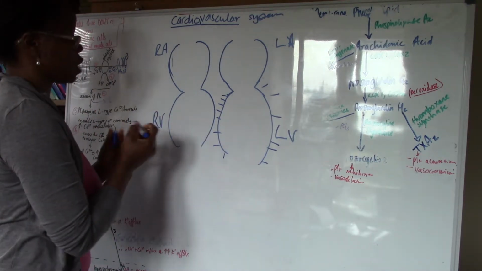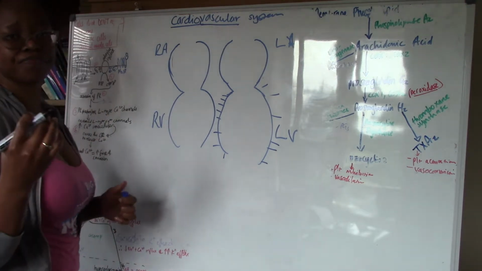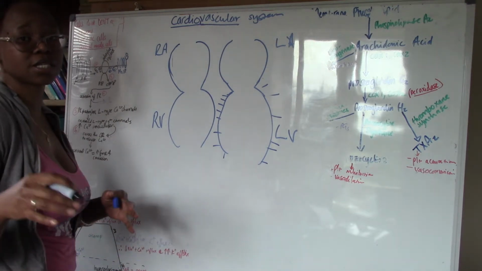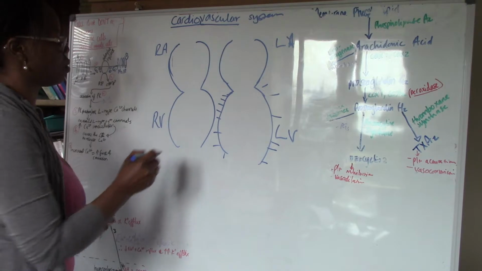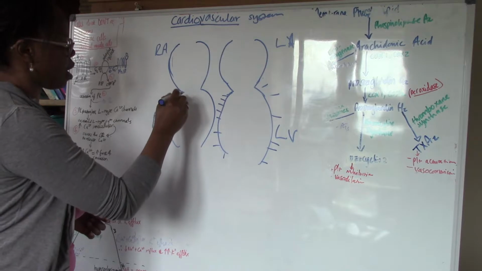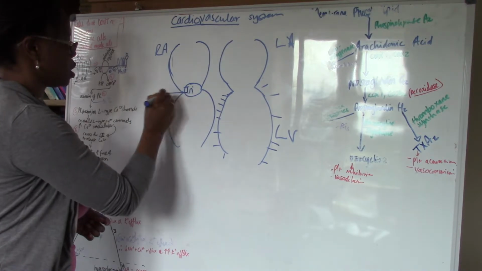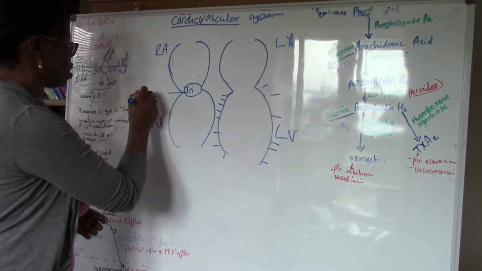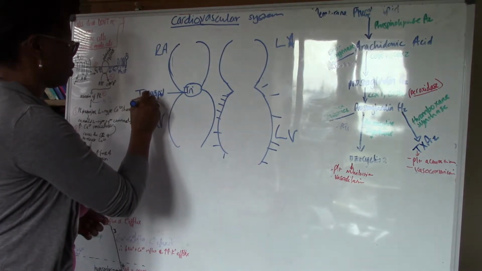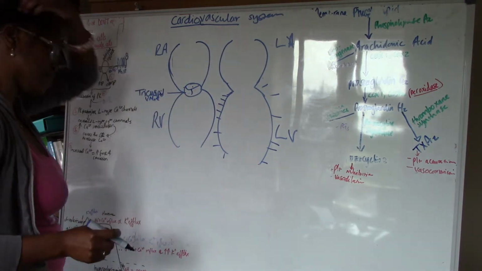The heart also has valves, and valves are structures that facilitate one-way flow and prevent backwards flow. In between the right atrium and the right ventricle, we have a tricuspid valve, which has 3 cusps, hence its name, tricuspid.